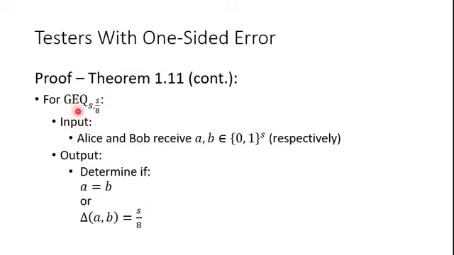So for the GEQ problem with s and s divided by 8, the input that Alice and Bob receive is each one receives a binary string of size s, from {0,1}^s. And their output is they need to determine if a equals b, or if the Hamming distance between a and b is s divided by 8.